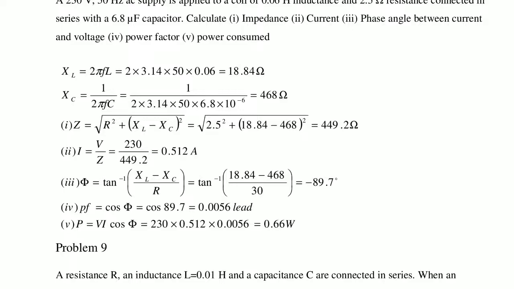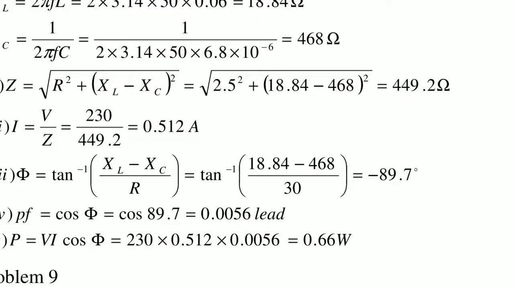Now the phase angle. The third one is the phase angle between the current and voltage. Phi is equal to tan inverse of XL minus XC by R. Here we observe that XL is 18.84 and XC is 468. Carefully observe that XL is the lesser value and XC is more than XL, so here the nature of the circuit is capacitive.